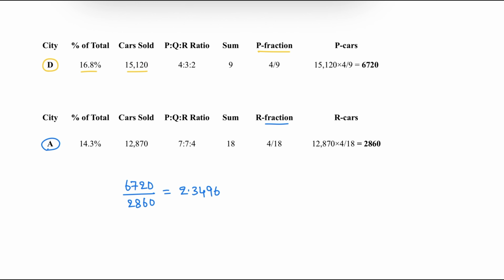So here P fraction 4 by sum, 4 by 9, 4 by 9 into 15,120 results 6,720 P cars in city D.